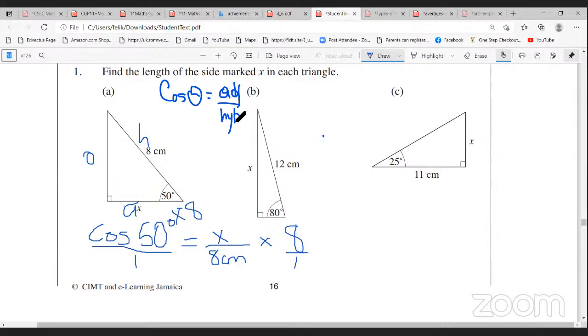Okay, miss. So times that. All I put here is x equals. You need to show that you cancel these.